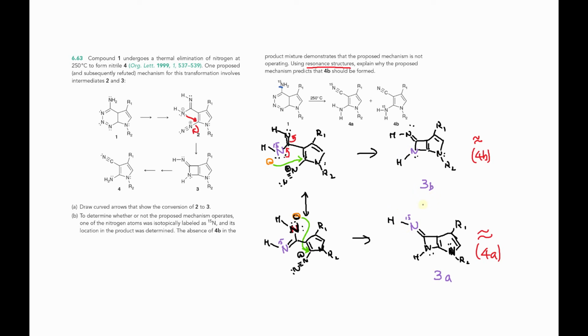Based on this resonance, we are supposed to get 50% and 50%, but our experiment showed only the 4A structure and no 4B. So our proposed mechanism is not working, but at least we could see that the proposed mechanism would have worked this way based on the rearrangement of the resonance structure.